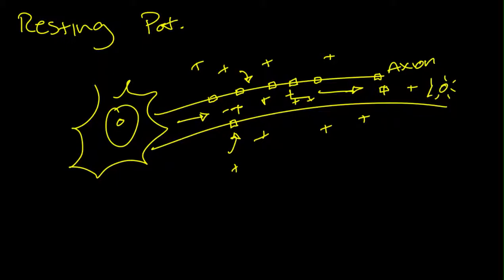And then as soon as the signal is over here and it's past these, then potassium channels open, and they flood in, and it puts out the sodium, and it brings it back to a resting state. So polarization is when there's the positive sodium ions on the outside. Depolarization is when everything rushes in.